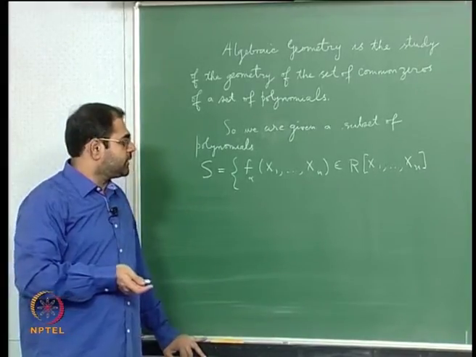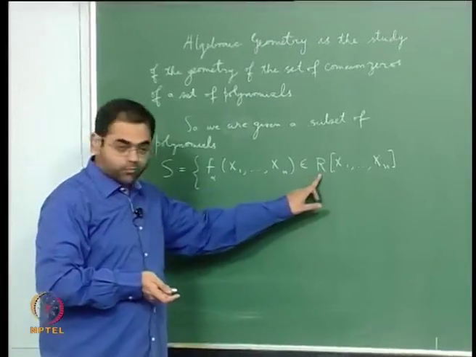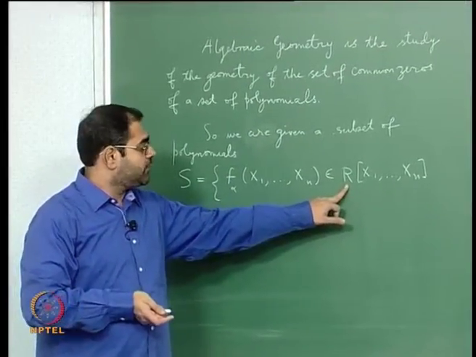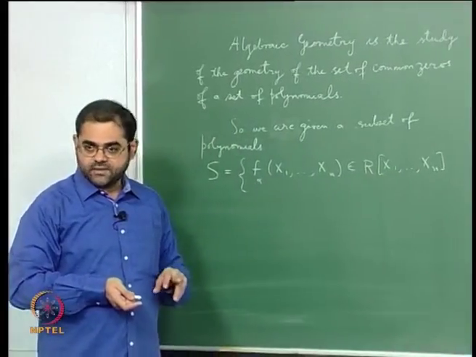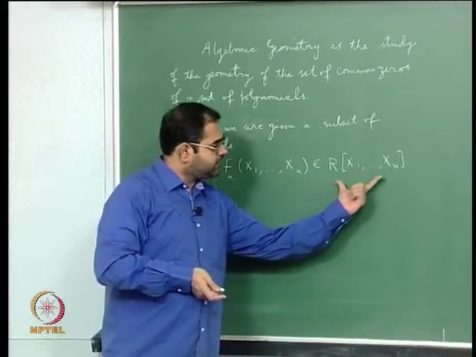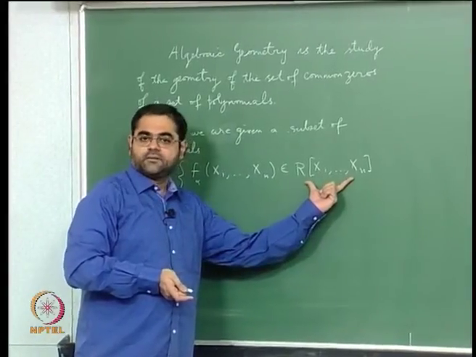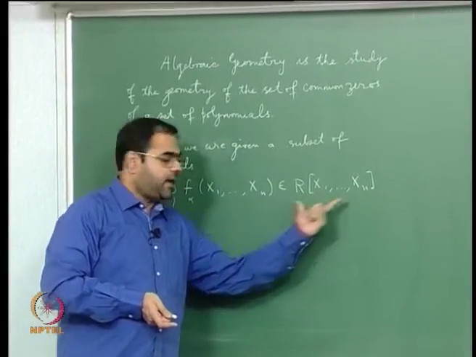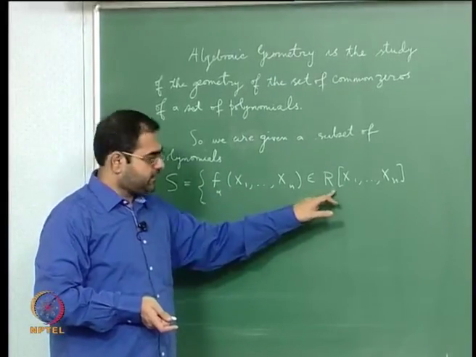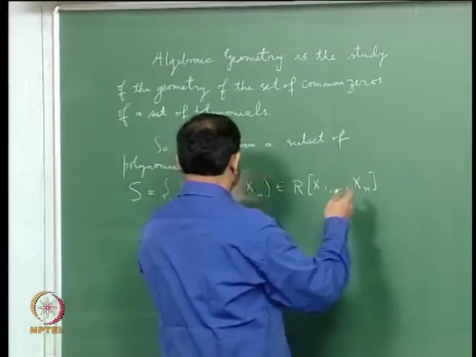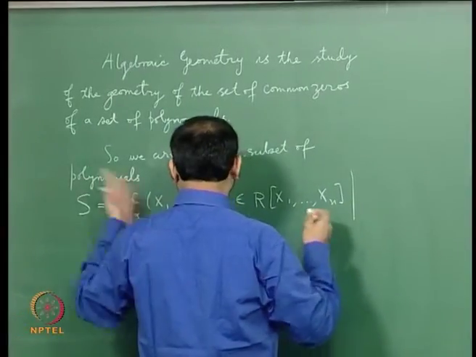So R is a commutative ring with 1, and x1 through xn are n variables, and this is the polynomial ring over R in n variables, and each f sub alpha is a polynomial in this ring, and you take a subset of these polynomials.